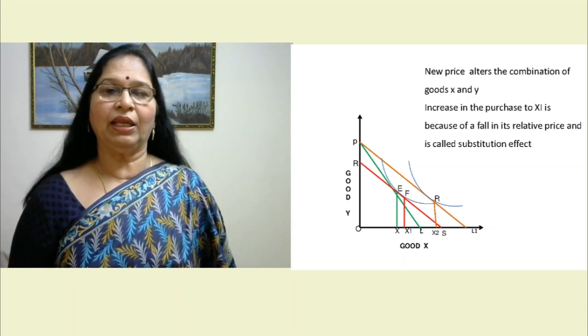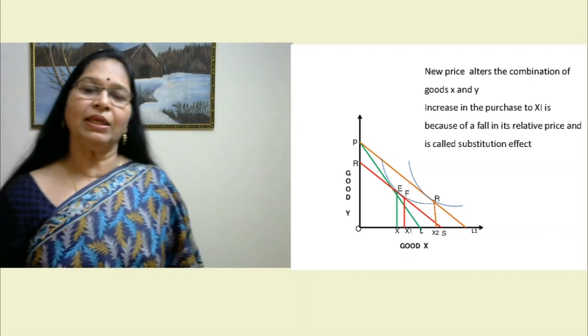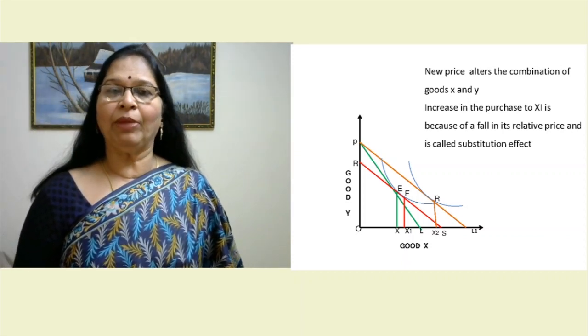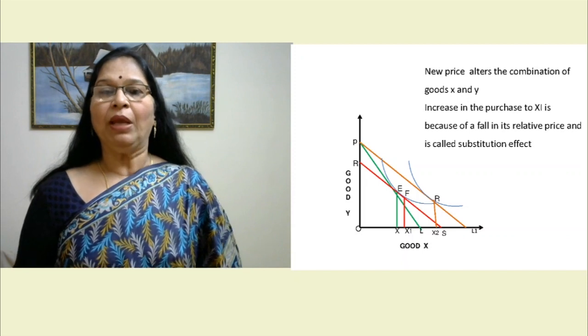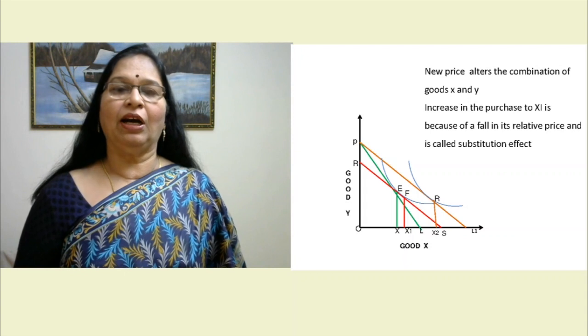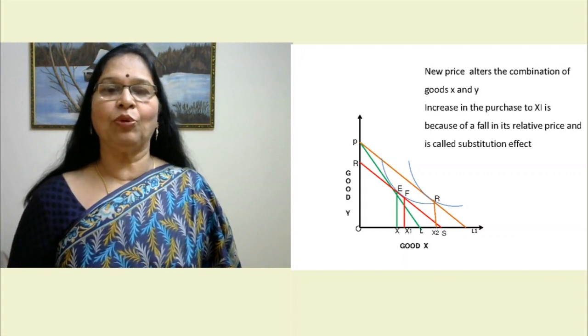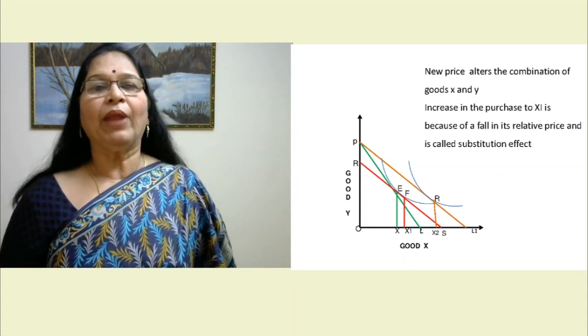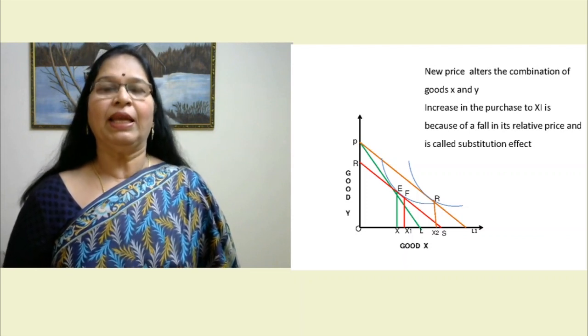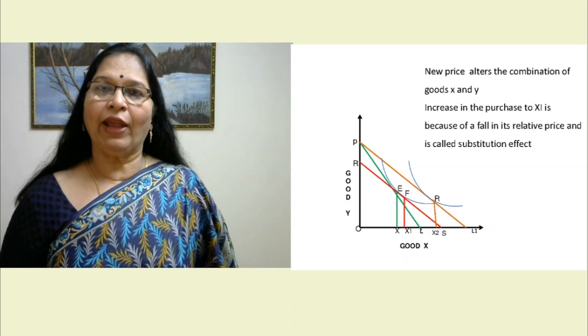Am I getting clear now? PL is the original price line. The price of commodity X has fallen. Because of that, it has become PL1. On PL, the first curve, the consumer is at equilibrium at point E, and he is buying OX units of commodity X. Next, the price of X has fallen.